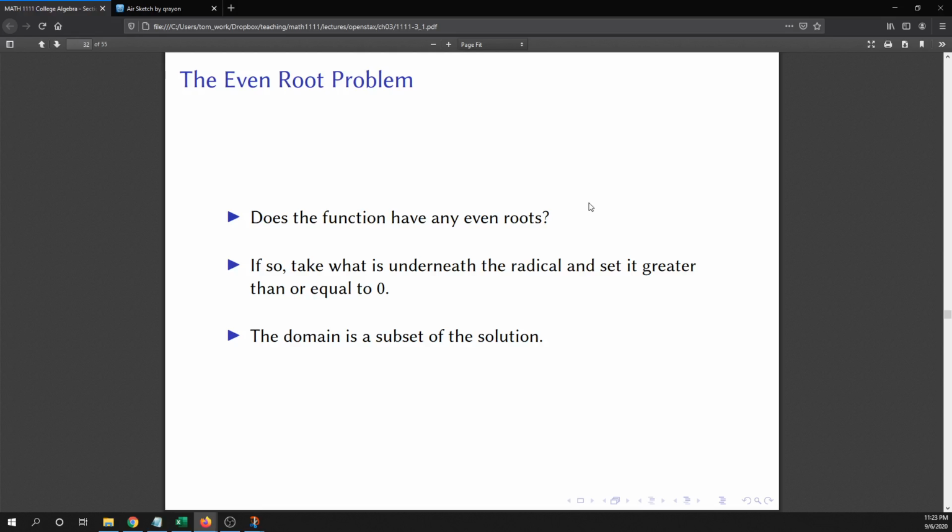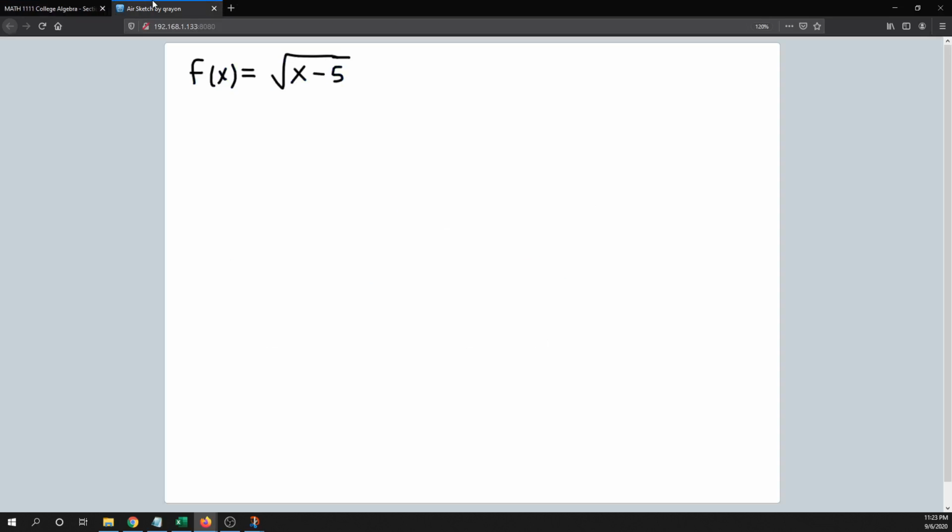You could have a number, and let's say f of x equals square root of x minus 5, and I plug in the number 1. 1 is a real number, a perfectly legitimate number.